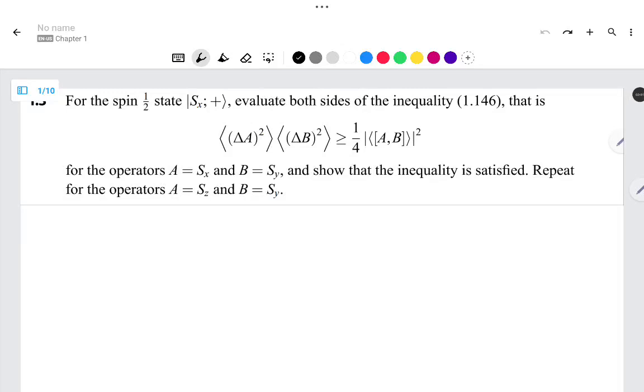So we are given here the spin half state, which is written like this, which is the spin x eigenstate. This positive indicates the positive eigenvalue part. So how can we write this?